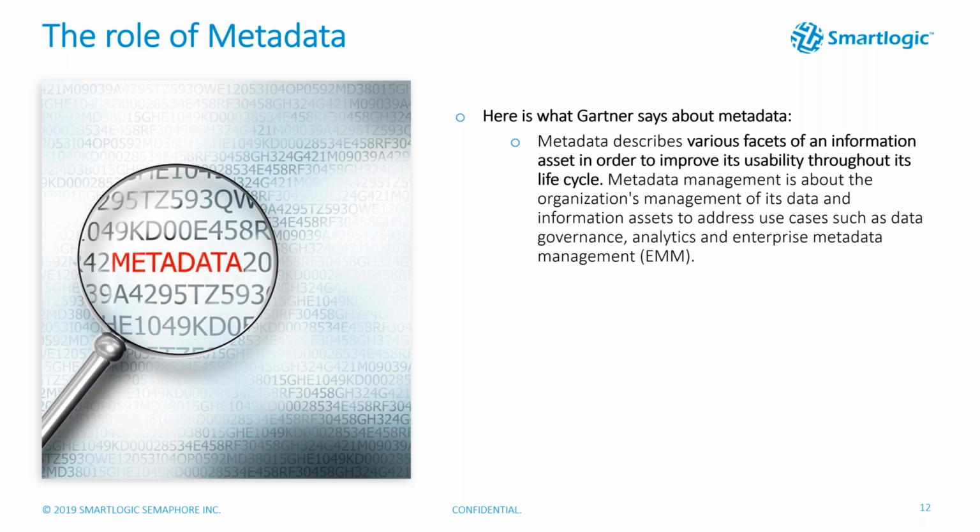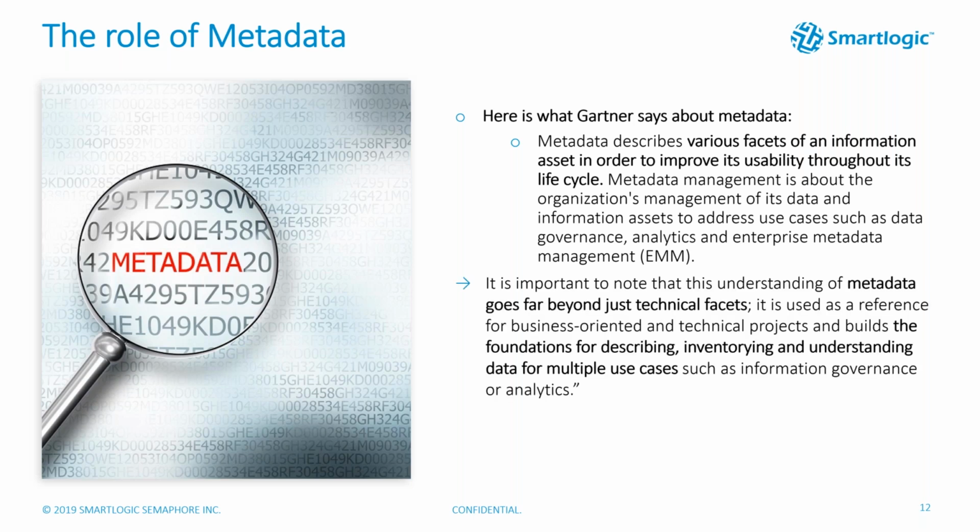It goes far beyond just those technical facets. It is used as a reference for business-oriented and technical projects, and it builds the foundations for describing, inventorying, and understanding data for multiple use cases, and specifically analytics. So when we're looking at machine learning analytics and AI in general, metadata has a massive part to play, and we will show you where its role is in a little while.